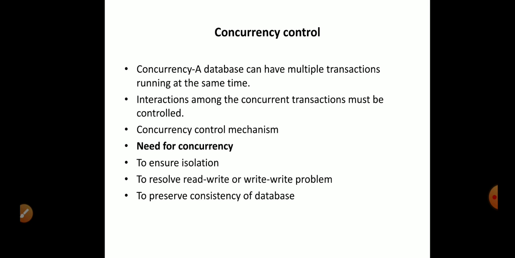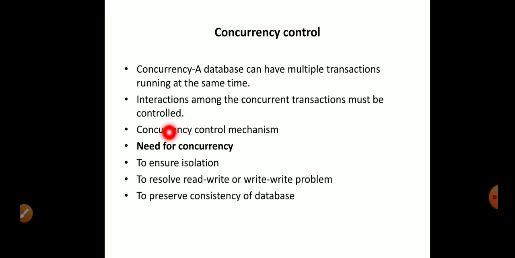Next one is concurrency control. First let me tell you what concurrency is. A database can have multiple transactions running at the same time. You cannot run only one transaction; you are going to execute many transactions in parallel. Those transactions should preserve the isolation property.